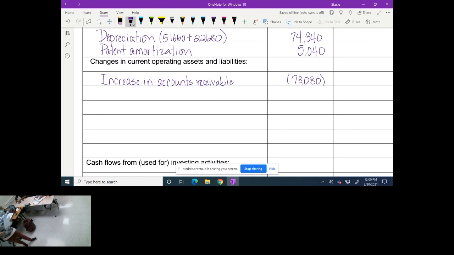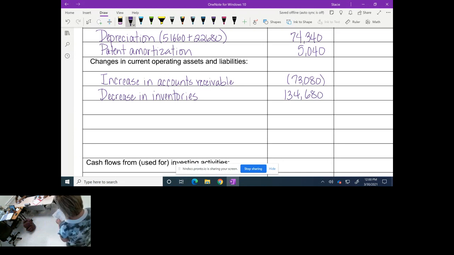Okay, so what would be next? Which account change would we look at next? There's one before that. Inventories. So is it an increase or decrease? Okay, so we will add that one. All right, so prepaid expenses, is it an increase or decrease?